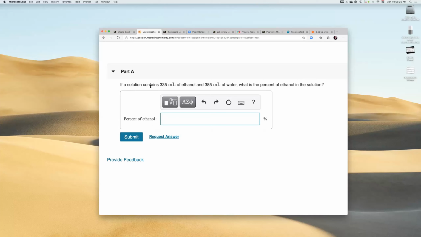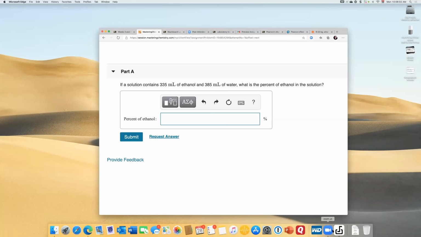What we need to answer is, if we have a solution with 335 milliliters of ethanol and 385 milliliters of water, what is the percent of ethanol in the solution? So I'm gonna put these two numbers on the piece of paper because I don't wanna be switching back and forth. H2O, percent ethanol. Okay, I have the problem set up.